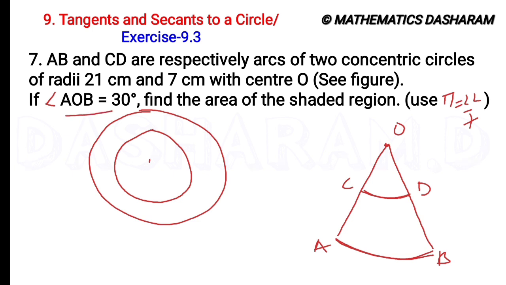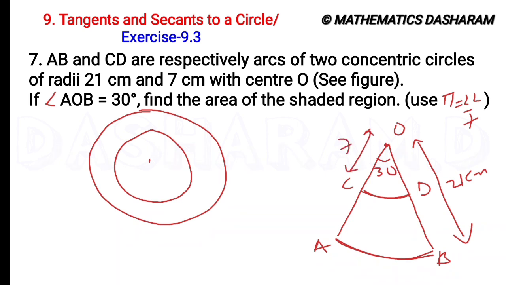Angle AOB is 30 degrees. Okay. So next the radius, bigger circle radius 21 centimeter. That means here OB is 21 centimeters. Next smaller circle radius 7 centimeter. So OC is 7 centimeters.